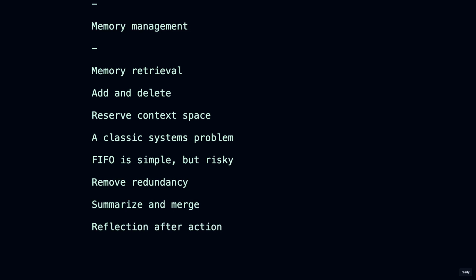Another strategy is reflection. After each action, the agent pauses to evaluate what it learned and decides whether that information should be stored, merged, or used to replace outdated memory.